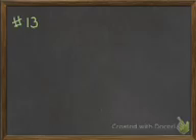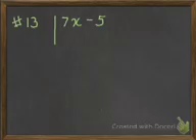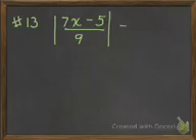Question number 13. The absolute value of 7x minus 5 divided by 9 is equal to 10.